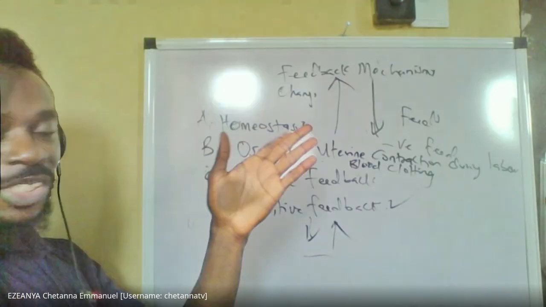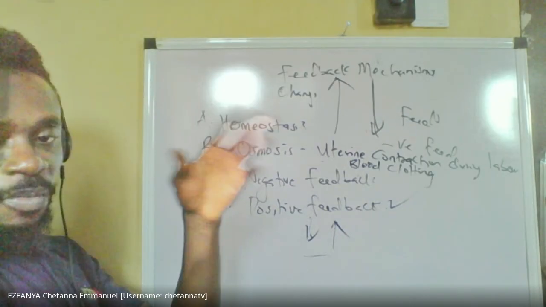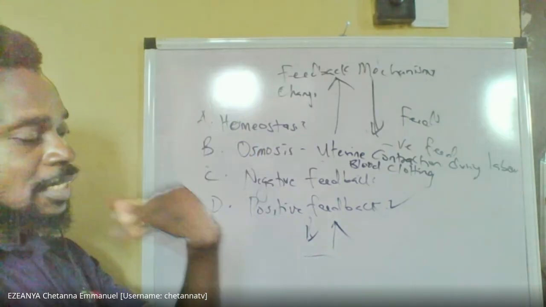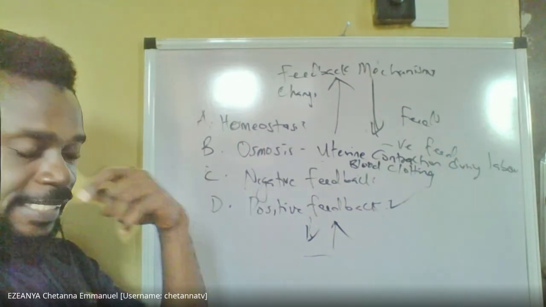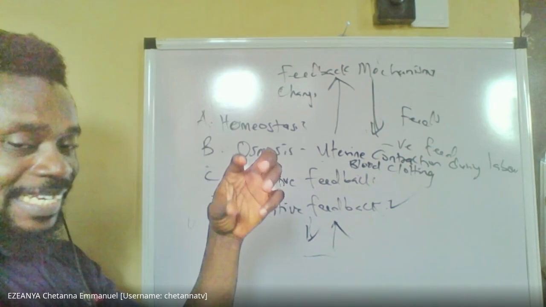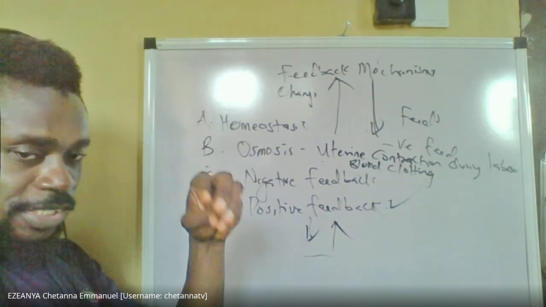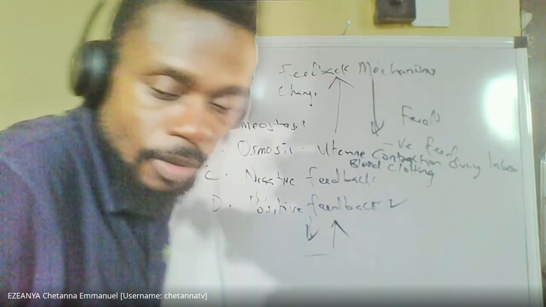Osmosis is just a passive movement of water or fluid across the semi-permeable membrane. Yes, it's also there to establish a balance in a way, but it's not what the question is talking about. So let's go to the next question.